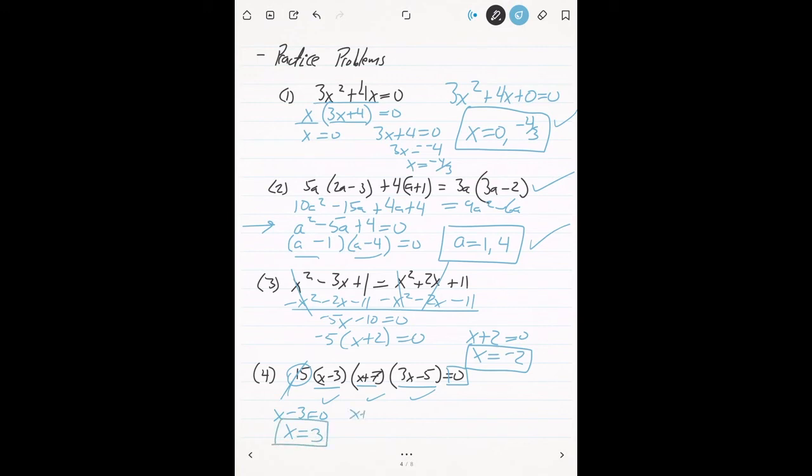And when is x plus 7 equal to 0? Well, that's when x equals a negative 7. And then when is 3x minus 5 equaling 0? Well, that's just when x equals 5/3. So here are the 3 solutions.